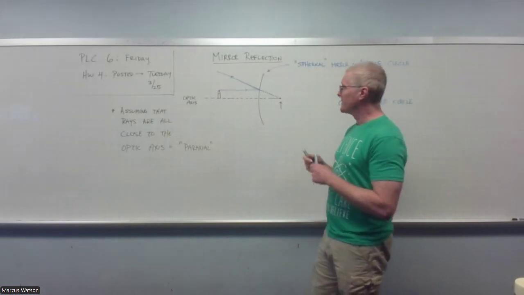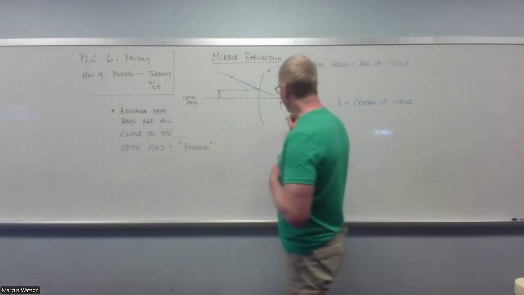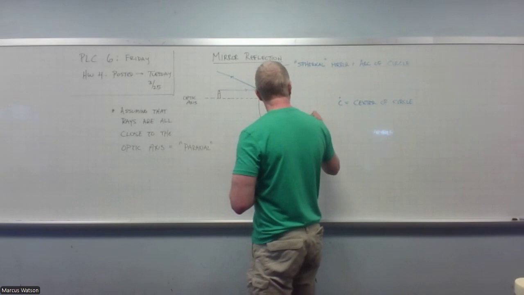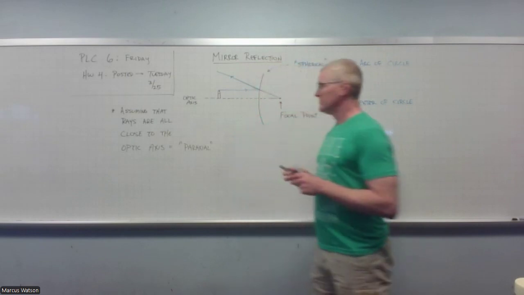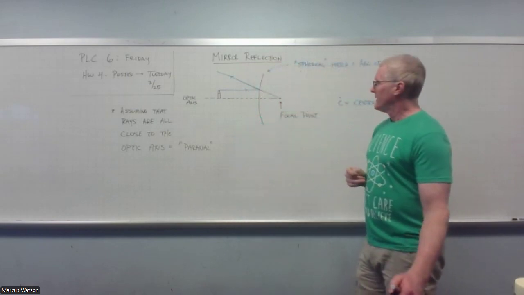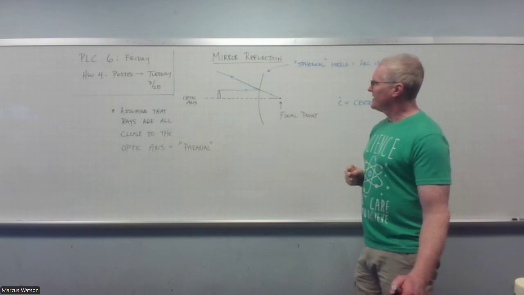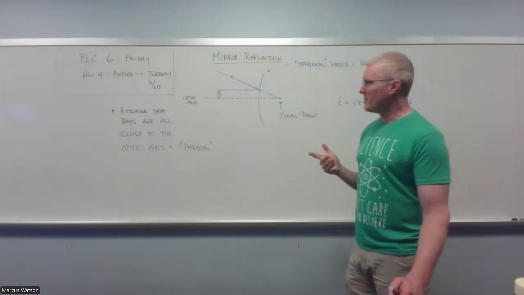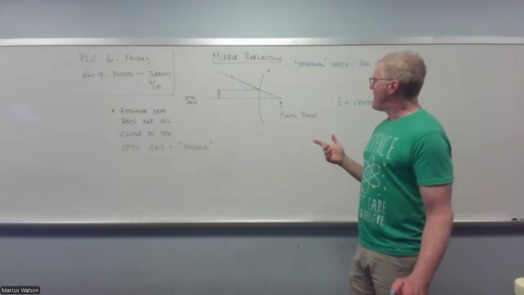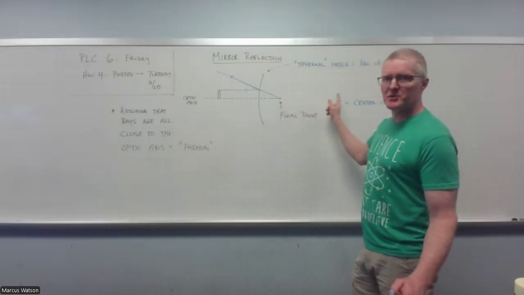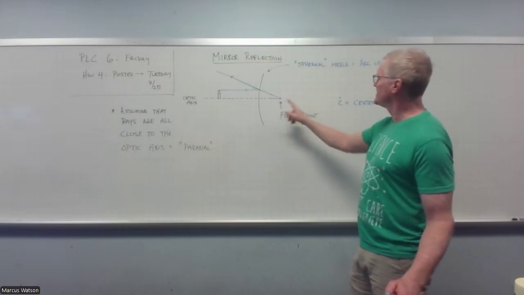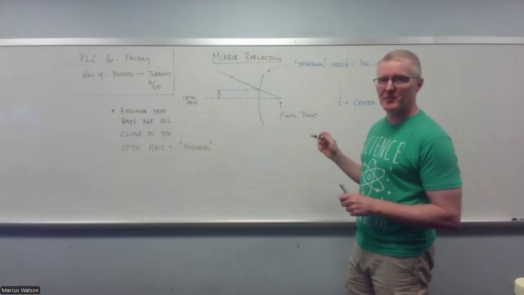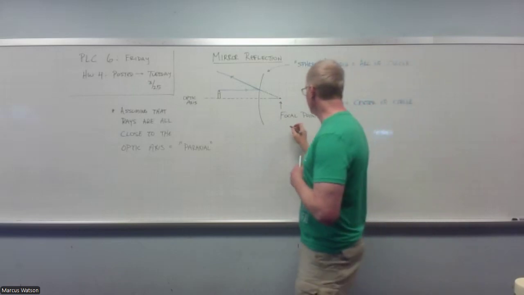This point is known as the focal point, and is a special point. In other words, it has a relationship to the radius of the mirror, one which is not very well represented here, but should be half the radius. I'll show you that in a minute.